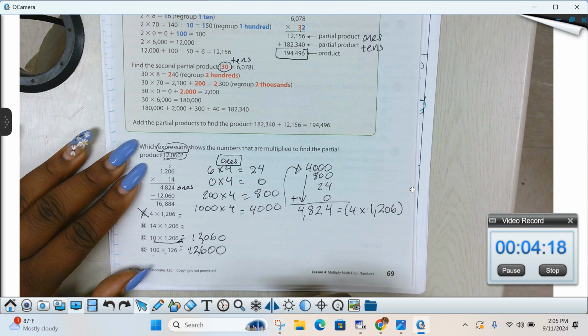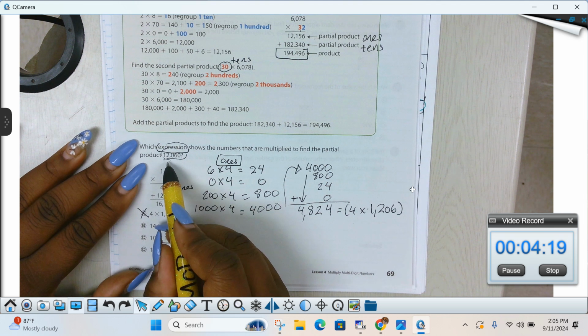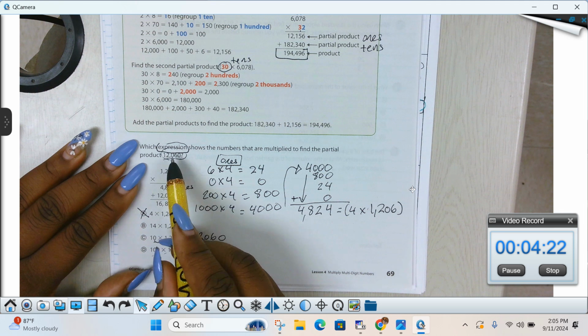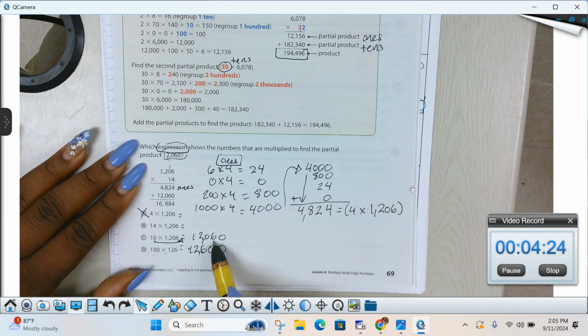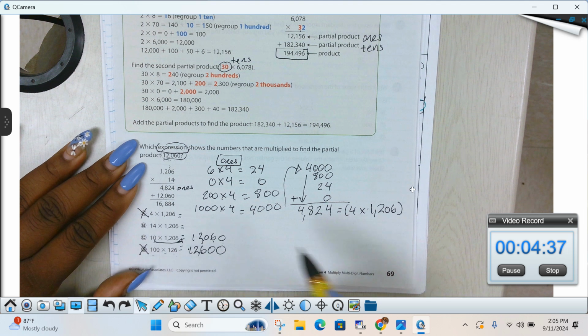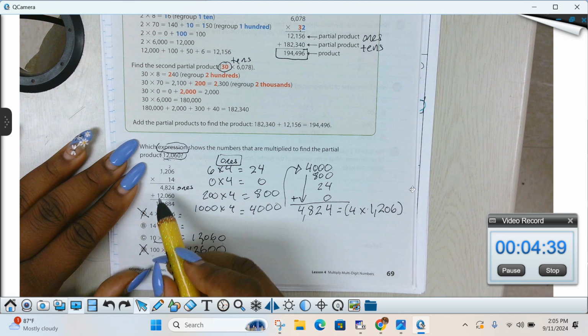Oh, I think I see my answer. Does that match? Yes. Well, you know, this one doesn't match, because this is 126. This is 1206. So we can cross out A and D.